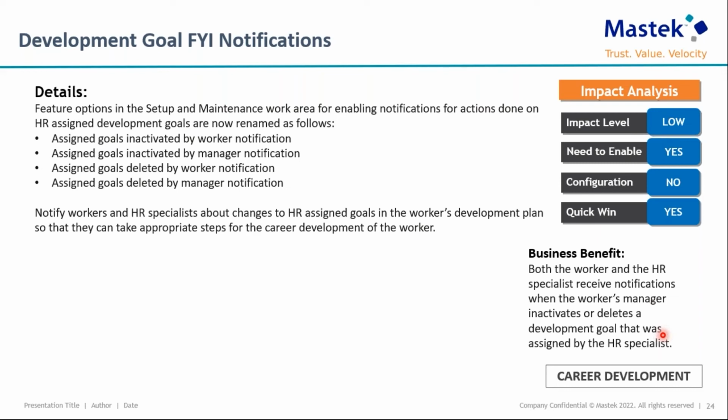So now Oracle has actually given 4 new notifications, from a career development goals perspective, which are: if any of the goals which have been assigned by, let's say, HR are deleted by the manager or by the employees, or they have been marked as inactive by the manager or the employee, then certain notifications are triggered to the HR specialist so that they are aware that the career development goals which they had assigned to a particular employee have now been inactivated or have been deleted, right?